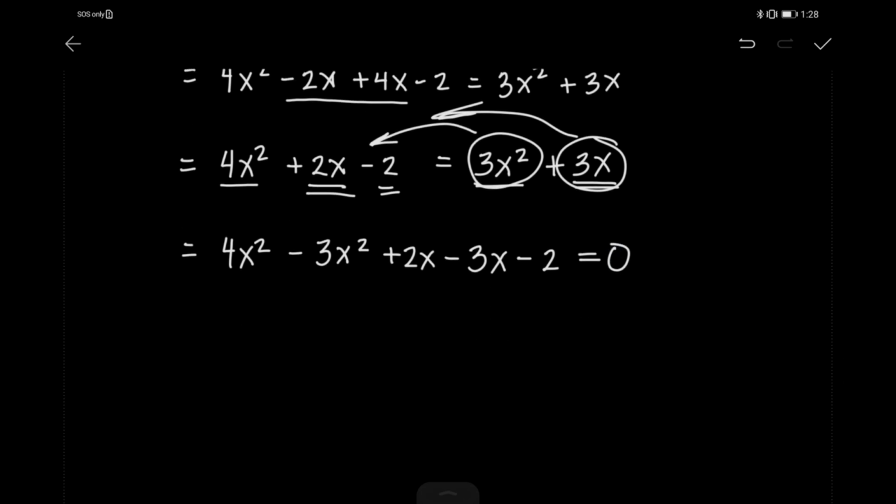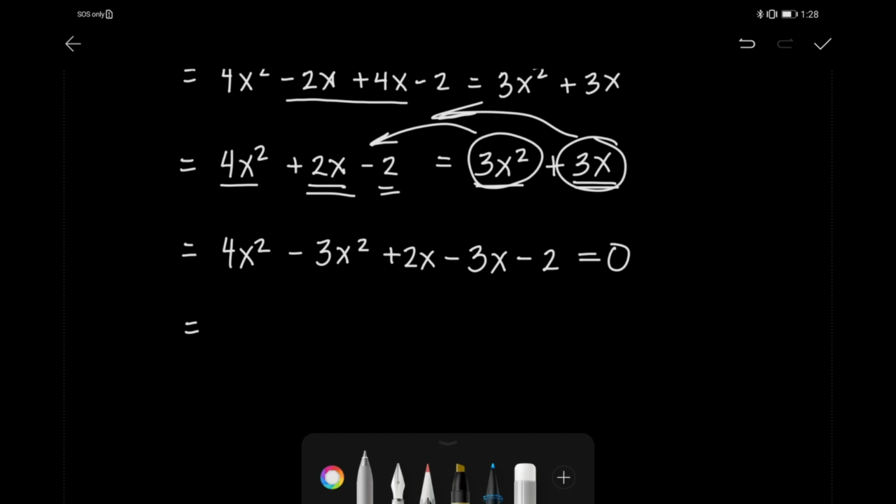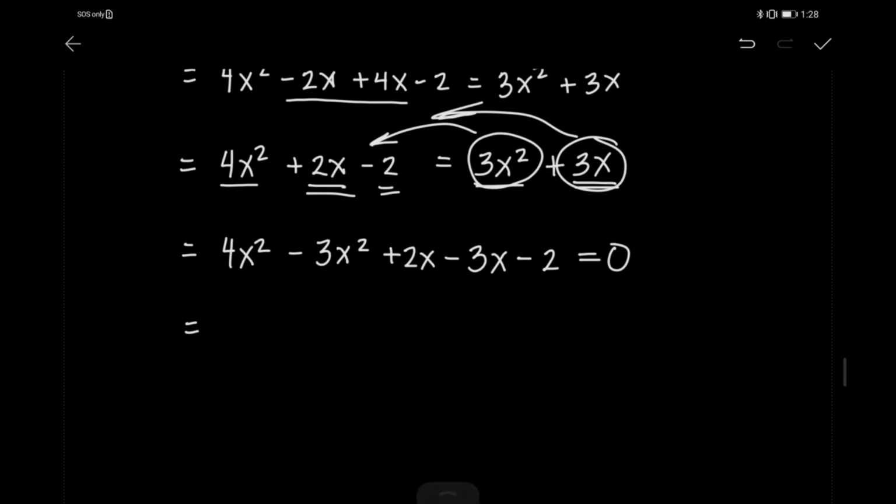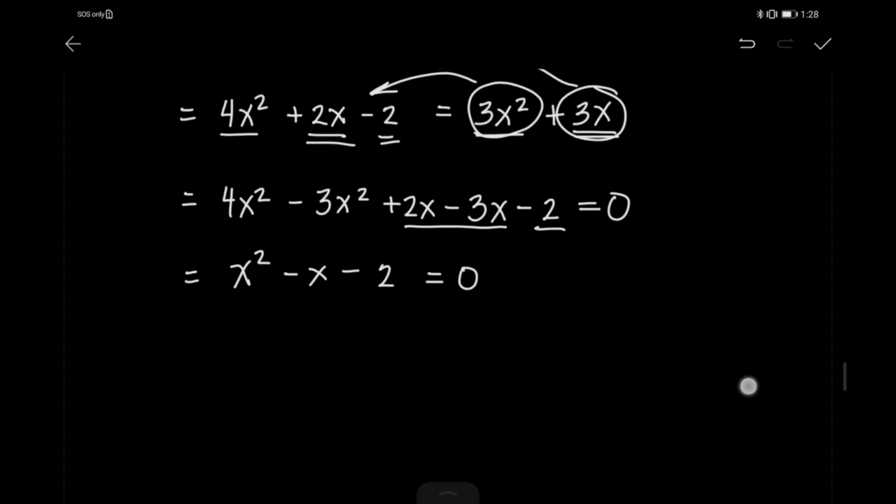After this, simplify. 4x squared minus 3x squared is x squared. Then 2x minus 3x is negative x. Then the negative 2, which is equal to 0. As you observe, we now have a quadratic equation.